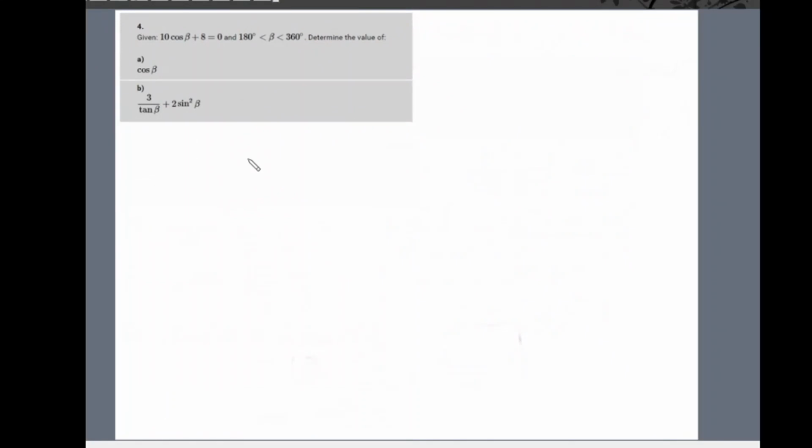Given that 10 cos beta plus 8 is equal to 0, and beta is an angle between 180 degrees and 360, determine the value of cos beta. So in question A, we know beta is between 180 degrees and 360. So here we'll have 0 degrees, 90 degrees, 180, 270, and 360.